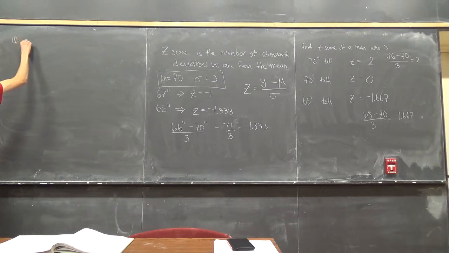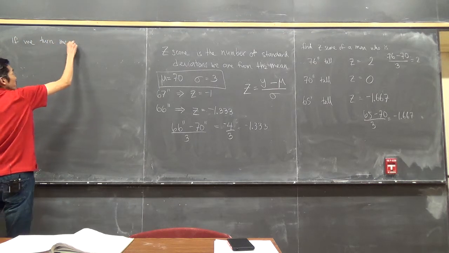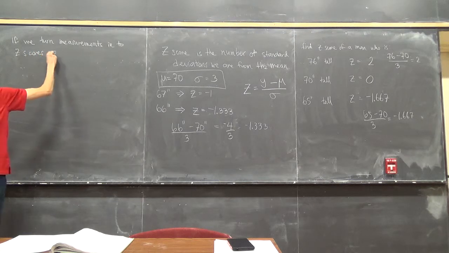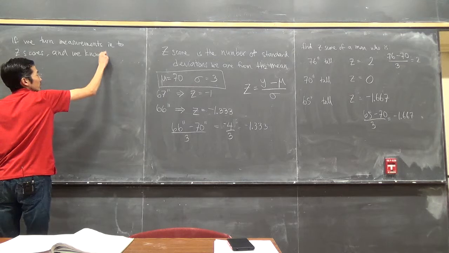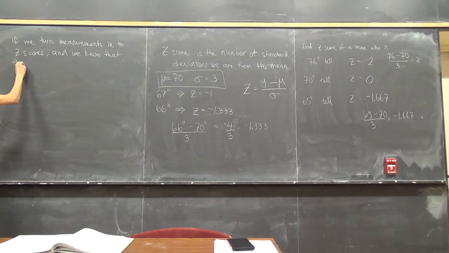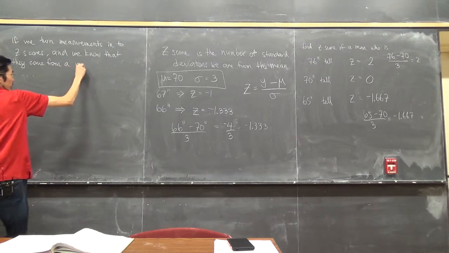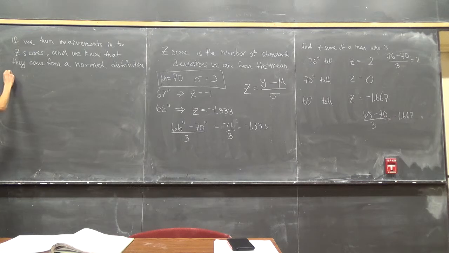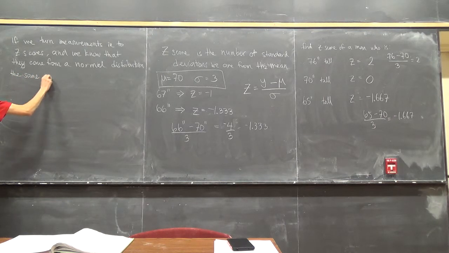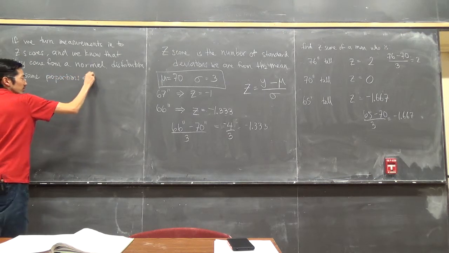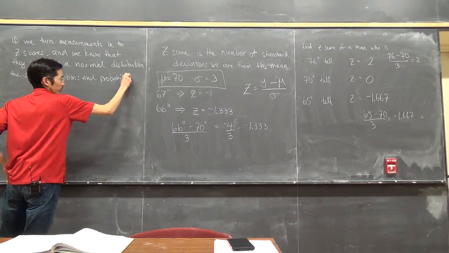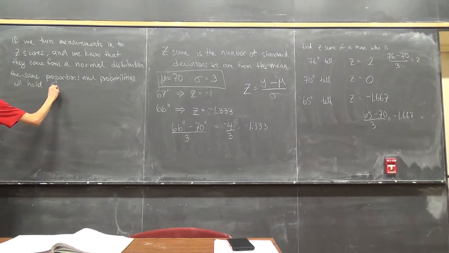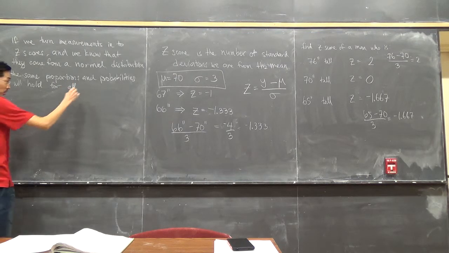So if we turn measurements into z-scores, and we know that they come from a normal distribution, the same proportions and probabilities will hold for all of the z-scores.